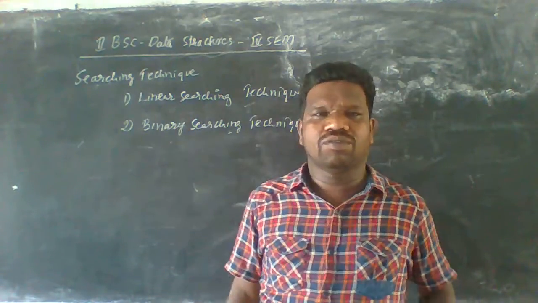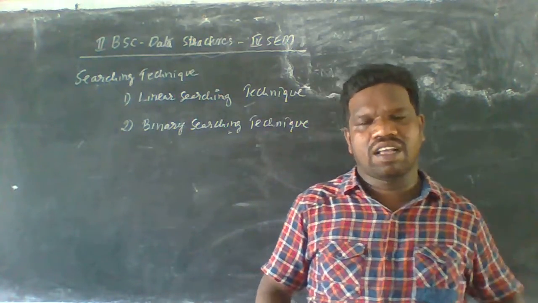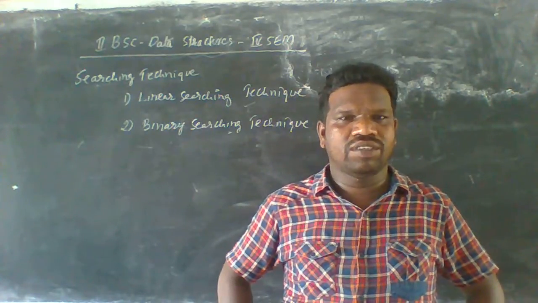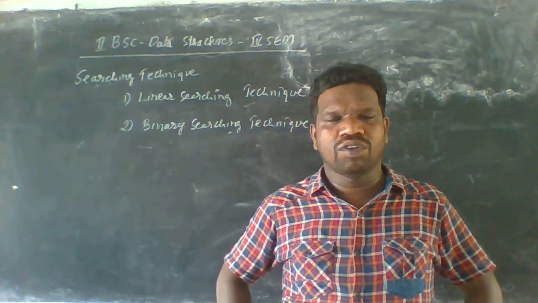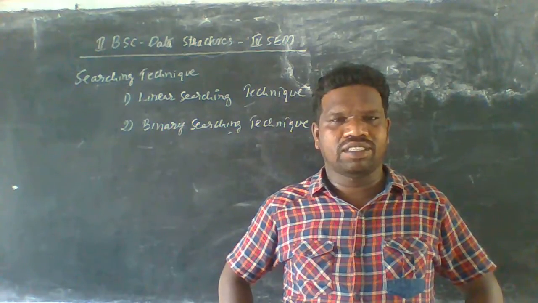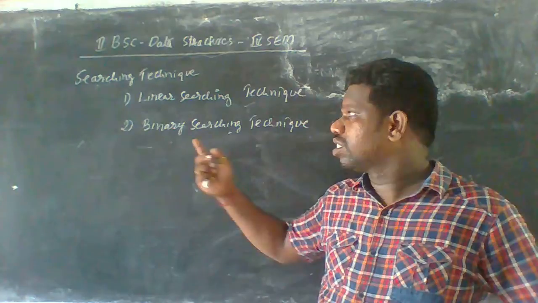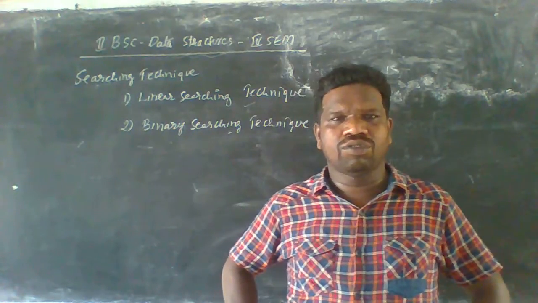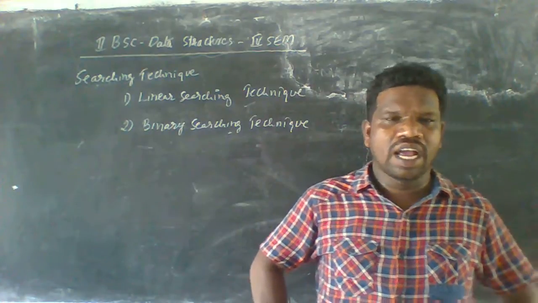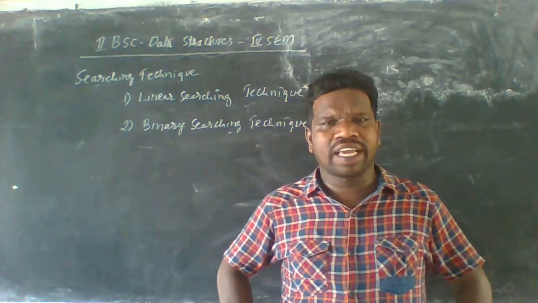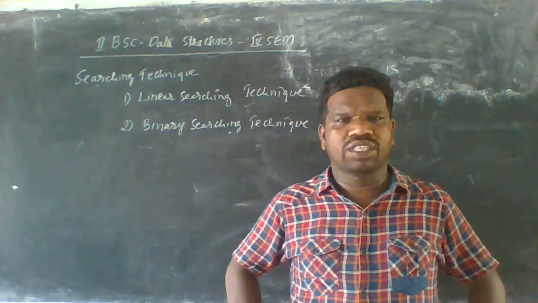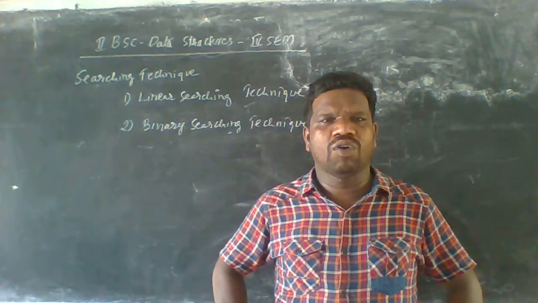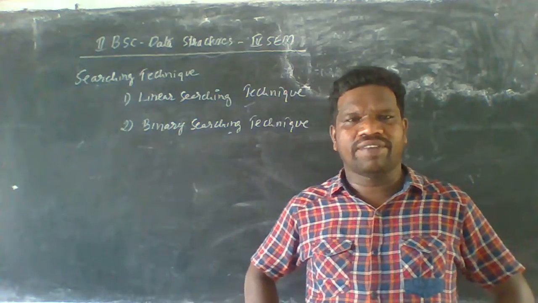Linear searching means you have to find the given element in the array by checking the first element, second element, third element, up to the needed element. Whereas in binary searching, the array is divided into two subparts based on the middle element. The middle element is calculated using the divide and conquer formula: low plus high divided by 2.